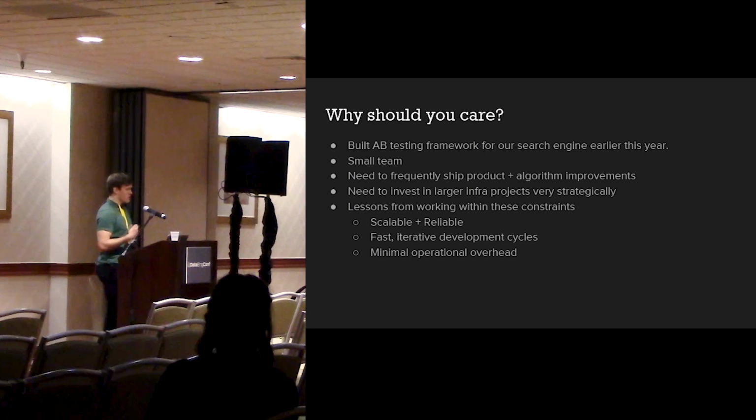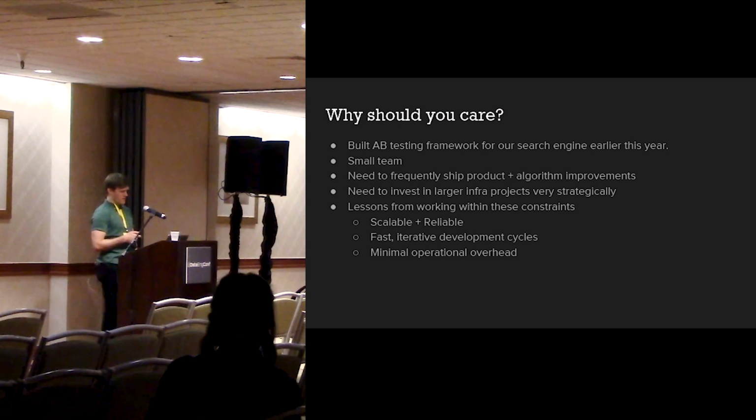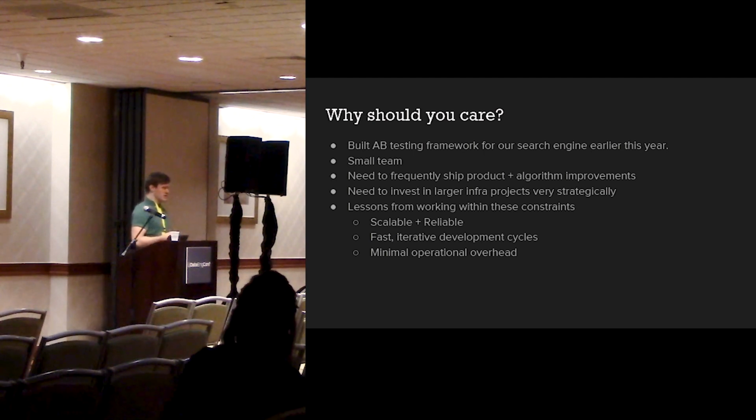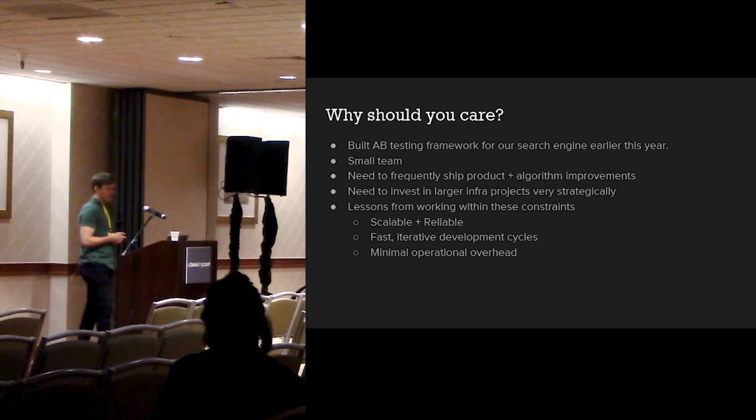We don't want to be working with a lot of operational overhead. We don't have the bandwidth for a lot of those problems. So this is talking about some of the lessons we had building this within those constraints, like building something that's still very scalable and reliable, but can be done with fast iterative development cycles, and having fairly minimal operational overhead.